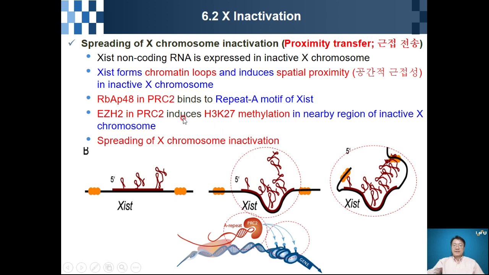After that, PRC2 binds to the repeat A motif of cis, and especially EZH2 induces H3K27 methylation in the nearby region of the X chromosome. So spontaneously, X chromosome inactivation spreads in the nearby region of the inactive X chromosome.